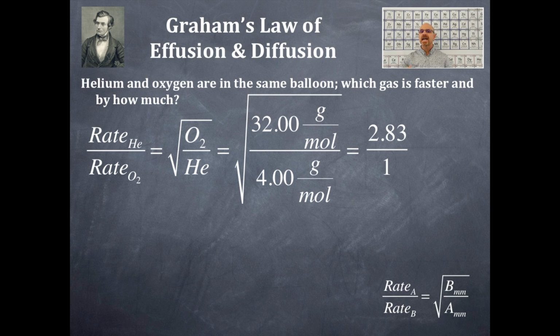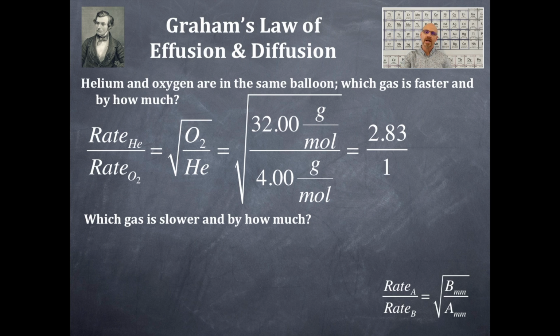If I had the speed at which the helium was moving, then I could determine the speed at which the oxygen is moving, or vice versa. All right, now let's answer another one. Which gas is slower and by how much? We already answered the question of which gas is slower, and that's oxygen. Now, by how much?